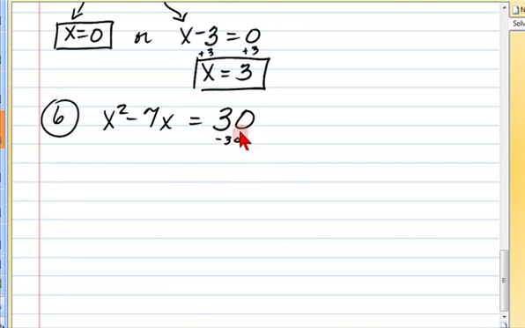Wouldn't you need to subtract 30 from both sides? So that's going to give me x squared minus 7x minus 30 is equal to 0. So please remember, you cannot use the zero factor property unless you have a quadratic and it's equal to 0. So if there is a term over here on this side, you're going to have to get it to the other side.